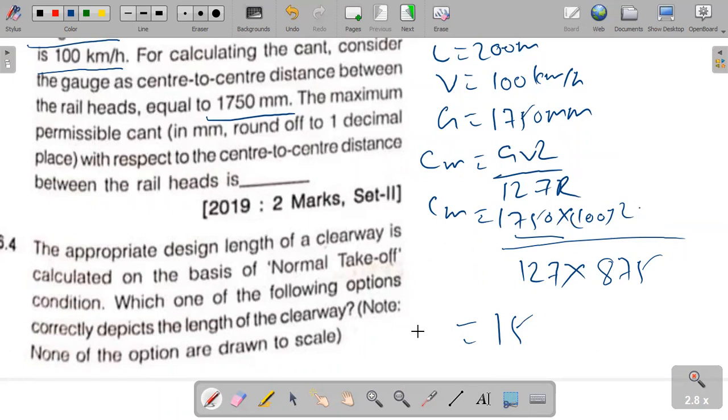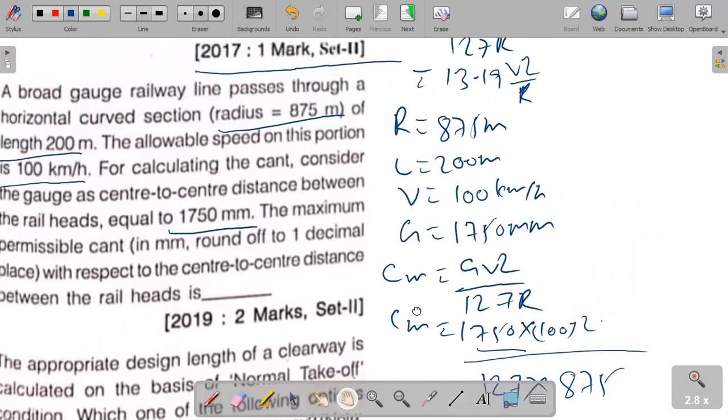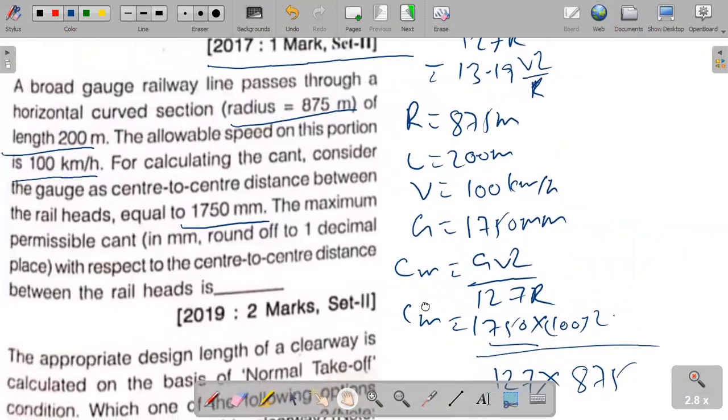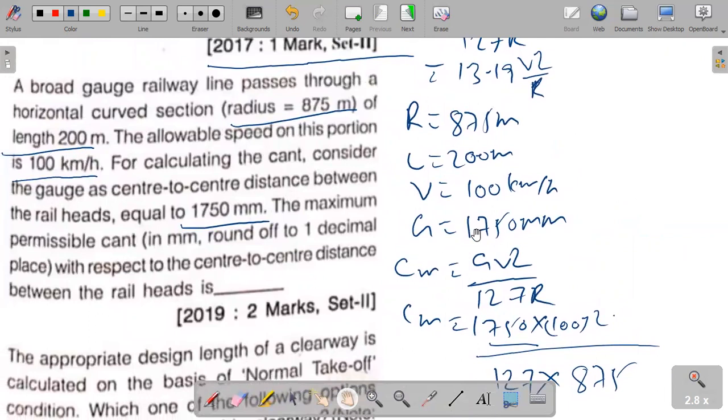We need to add and subtract something. So basically, change everything to meters. If you change this to meter, 10 to the power minus 3, and this is meter, this in meter.